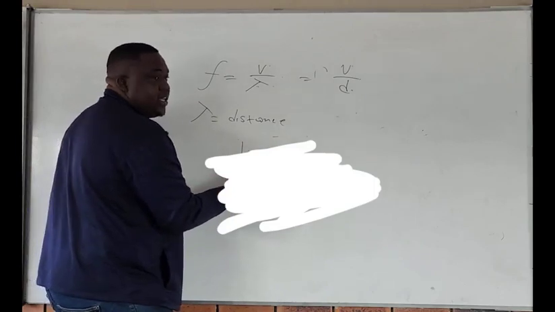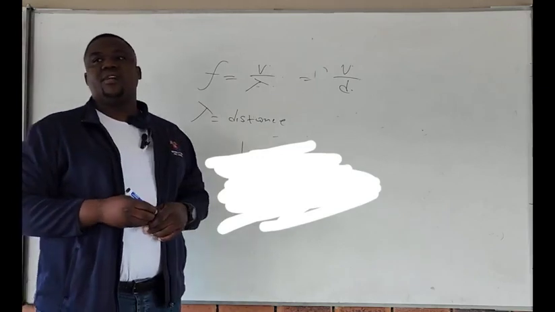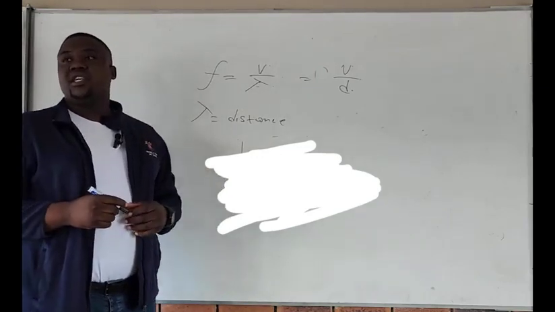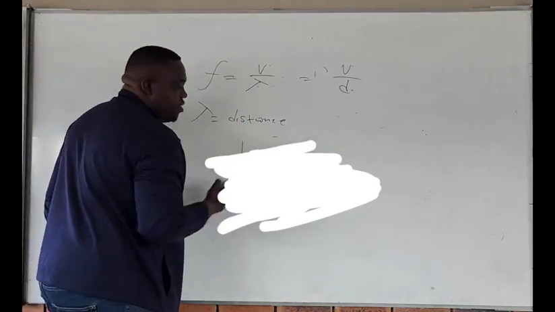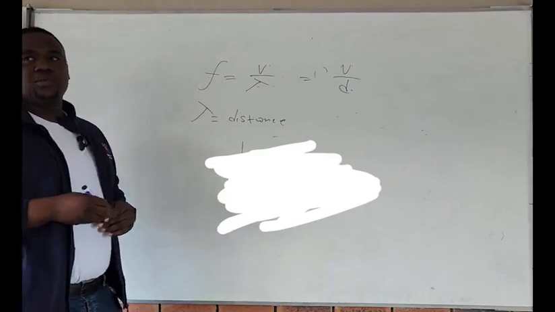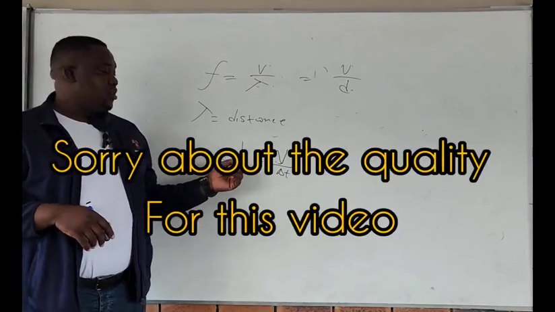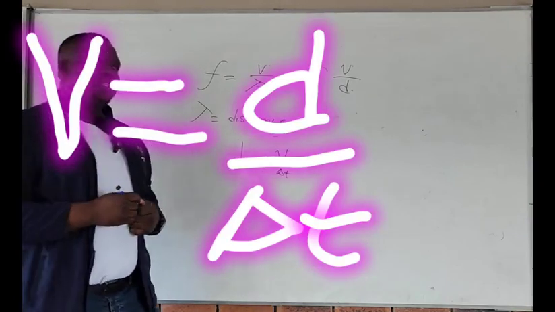This distance is speed over change in time. Sometimes you are going to be given a situation whereby we have the speed over change in time. Where there is speed, I can even write v over change in time, because the speed, we are talking about the velocity. So distance is equal to velocity over change in time.